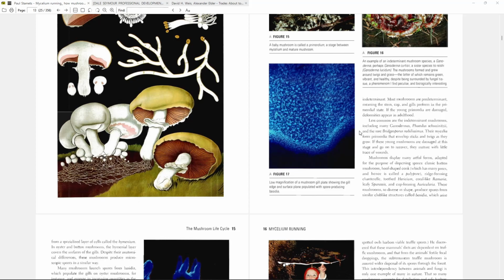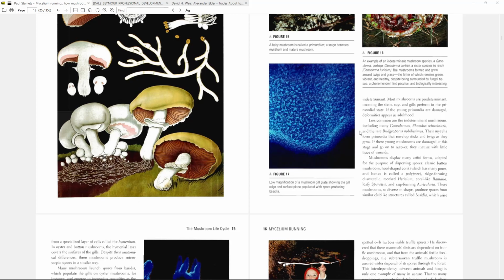Mushrooms display many artful forms adapted for the purpose of dispersing spores. The classic button mushroom, the hoof-shaped conk, which has many pores and hence is called a polypore, the ridge-forming chanterelle, toothed Hydnum, coral-like Ramaria, leafy Grifola, and cup-forming Auricularia.